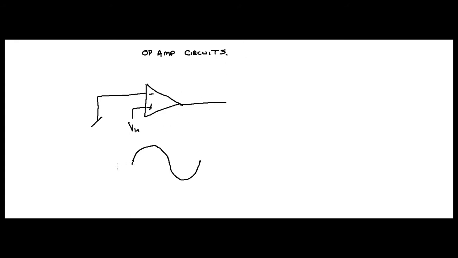Let me see if I can draw this line. I'm going to make it in red. This is your ground, okay? So, what happens in the case that this signal is noisy?